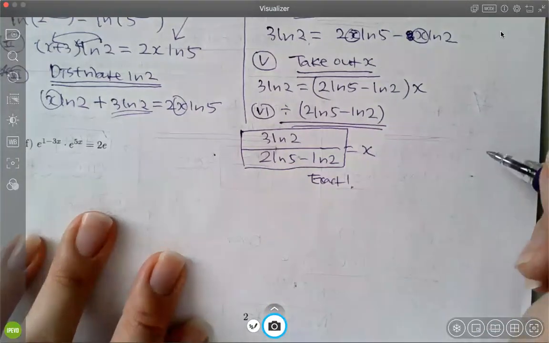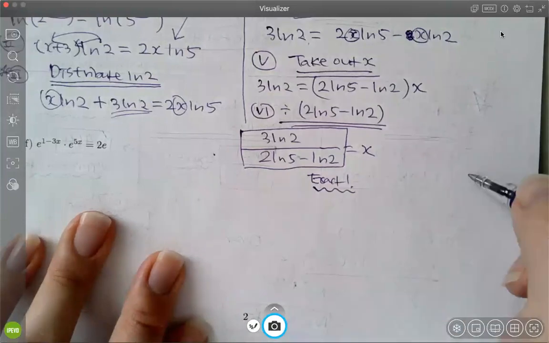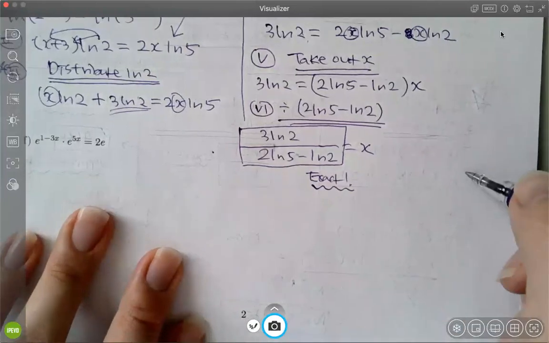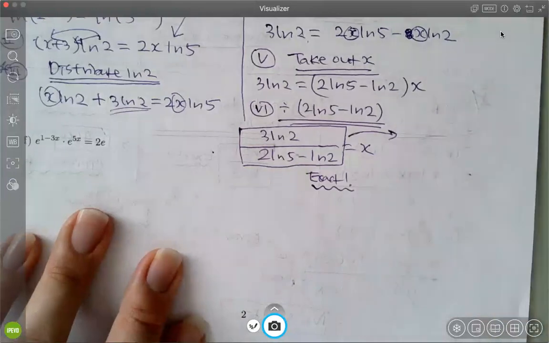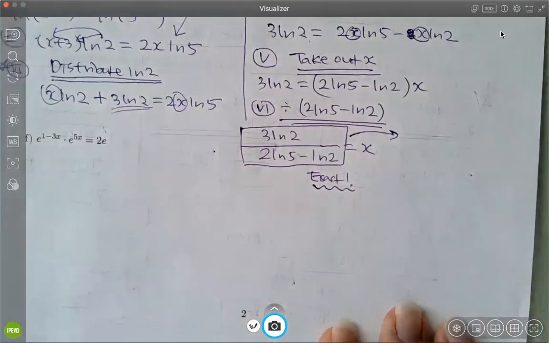Tricky, okay? But it's meant to be tricky, so that's okay. Now, what is the approximation of this? To get the approximation, you have to plug in this fraction onto your calculator.